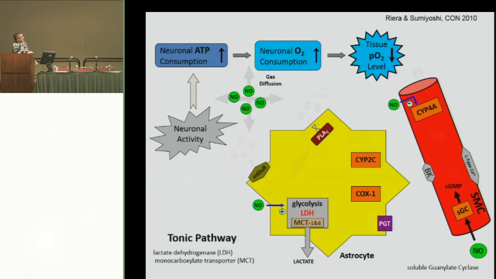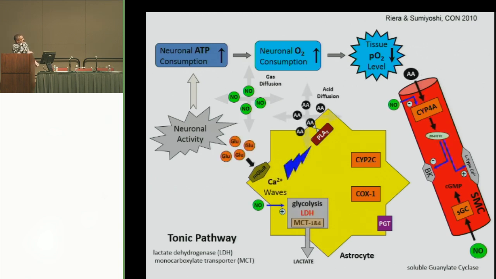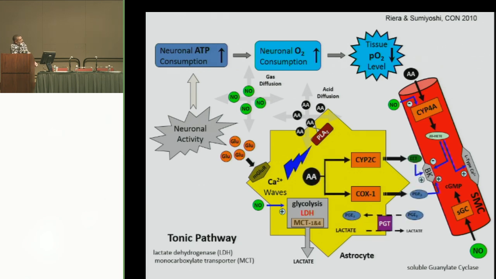Then you have glutamate, with a glutamate receptor in these cells that triggers an IP3 response. It's a calcium-induced calcium response mechanism that triggers a calcium response in the astrocyte, which mobilizes arachidonic acid from the membrane through an enzyme in the membrane, phospholipase A2. At the same time, this acid will travel to the vessel and produce a constriction there.